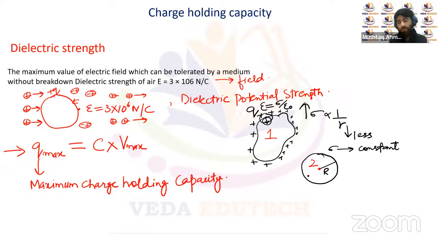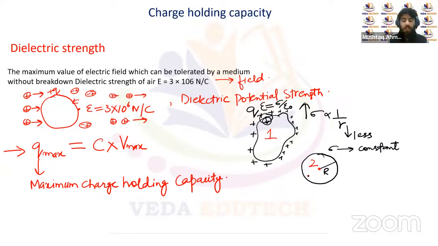So it depends upon the shape of a conductor, and for an isolated conductor, directly upon the radius of curvature. That's how the charge holding capacity depends upon the dielectric strength, and the dielectric strength depends upon the shape of a conductor, and the size of the conductor as well, because for different sizes of conductor, the potential and electric field strengths will be different.